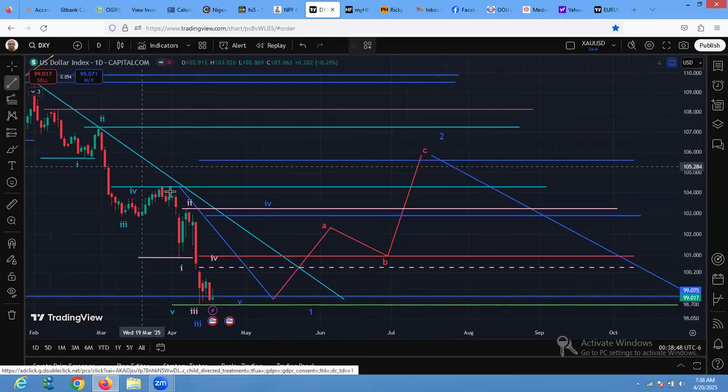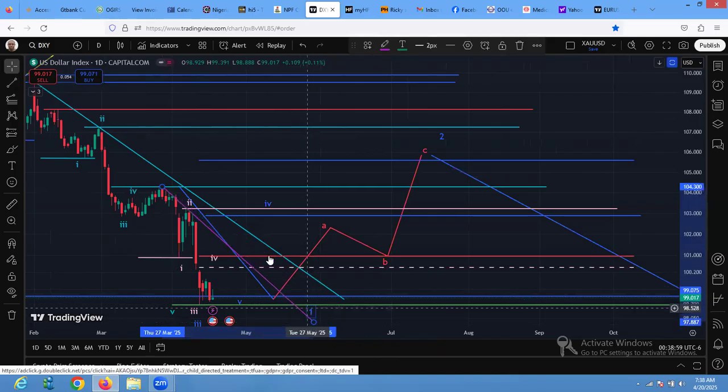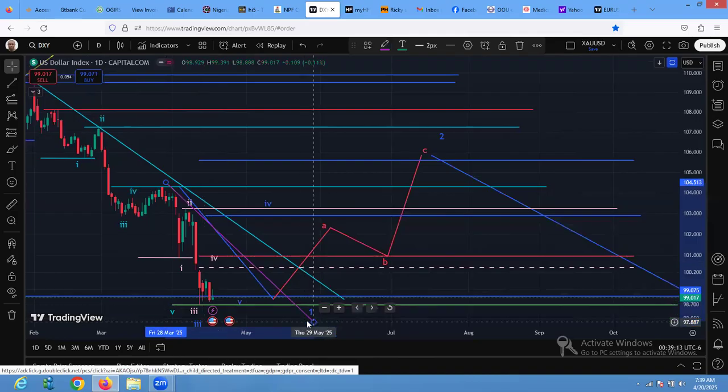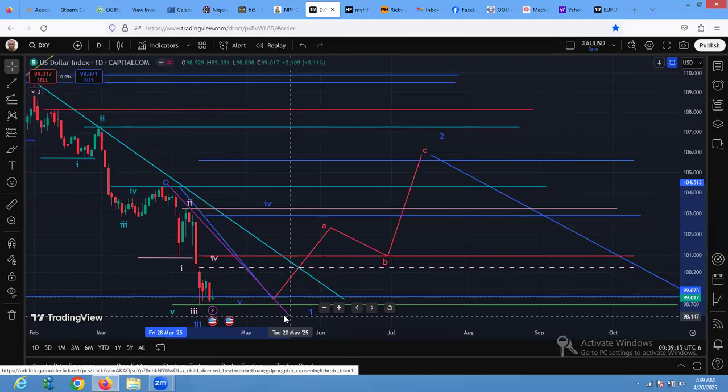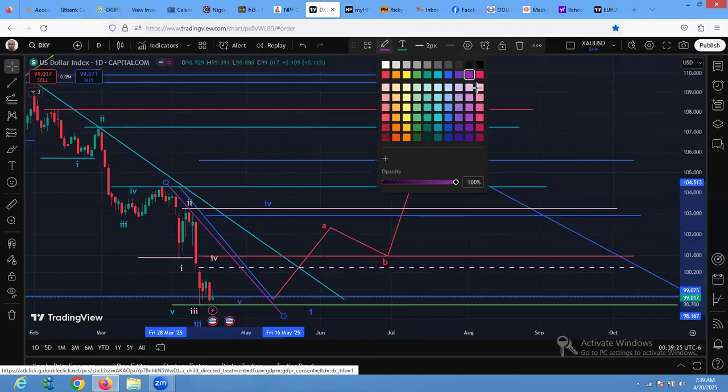A break out of here, a break out of here, so a break out of here, connecting this and this, will mean that this wave is all gone.